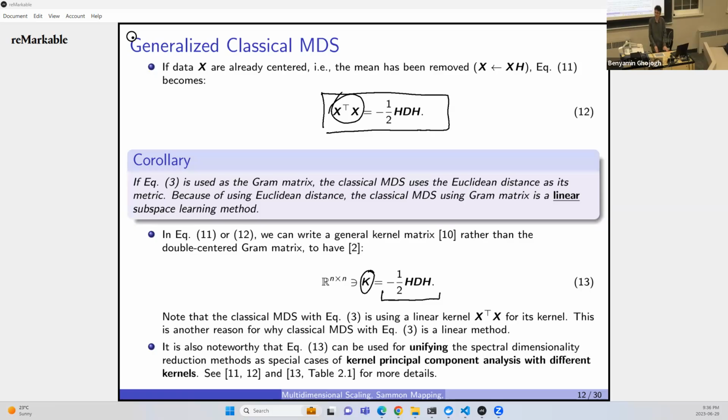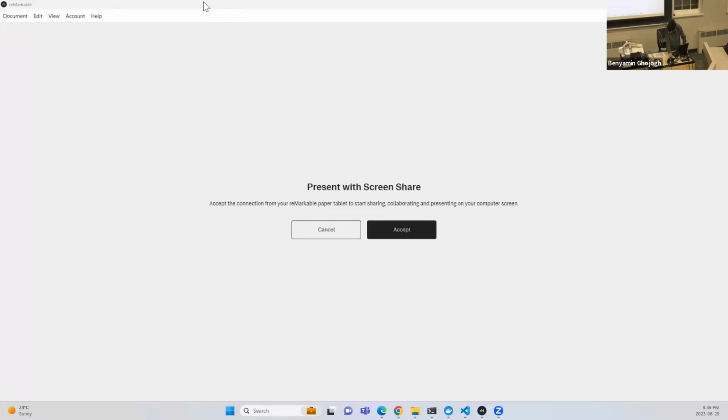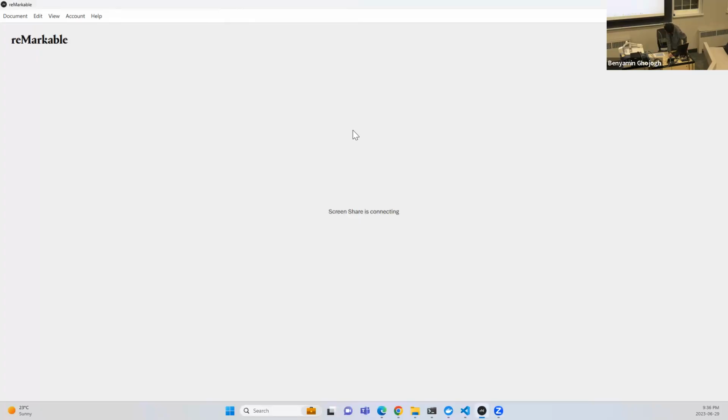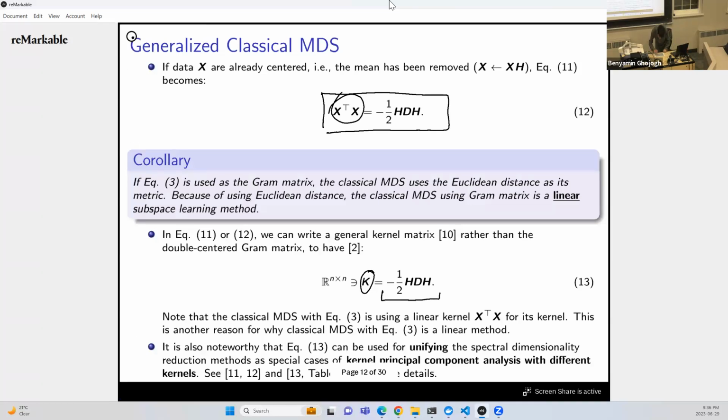This is a very, very important formula in machine learning. What does it do? It relates the distance of points D to the kernel matrix.